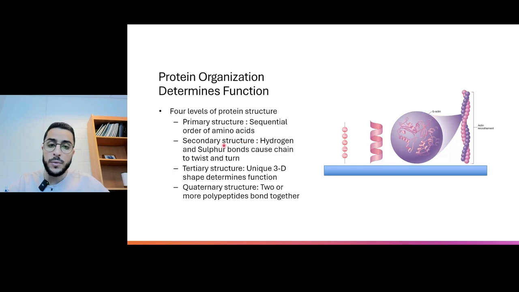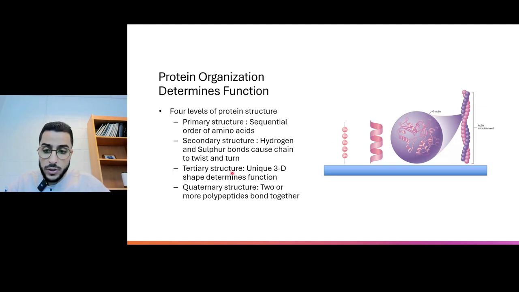And this will make what you know as alpha helices and beta sheets. Now, you won't only have one of these secondary structures, you'll have multiple of them. So the combination of secondary structures in a polypeptide will form the tertiary structure.